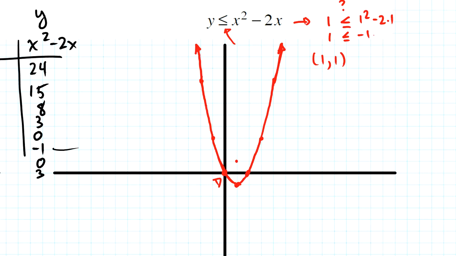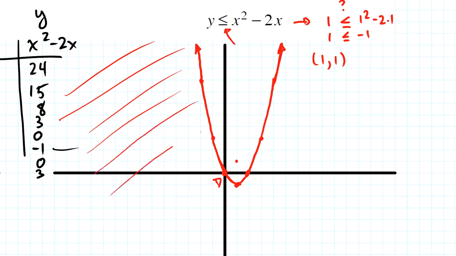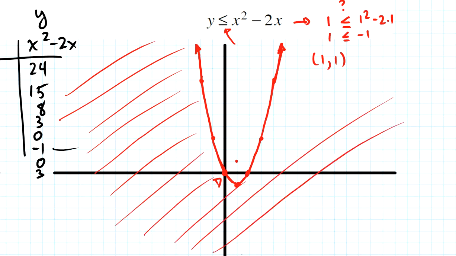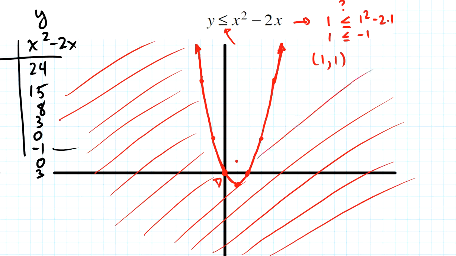Well, no. 1 is not less than negative 1. And it's not equal to negative 1 either. So I definitely am not shading above this curve, right? But I knew that already. So my solution then would be all of these regions here. As long as I am below this particular curve, all of these xy points would satisfy the inequality. y's are less than or equal to x squared minus 2x.